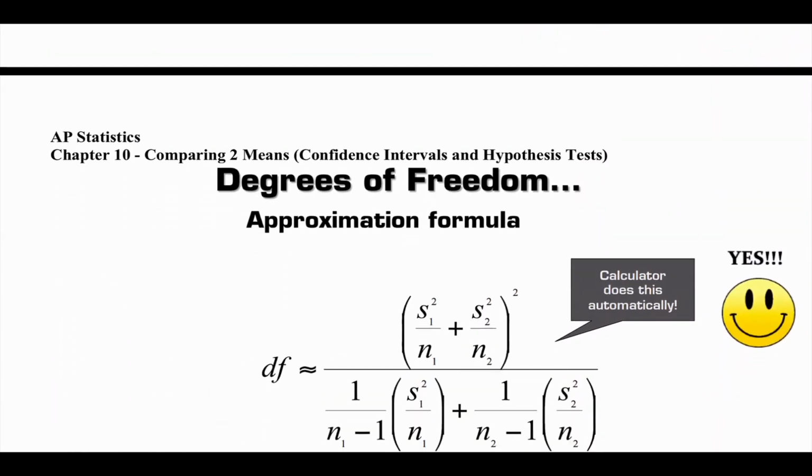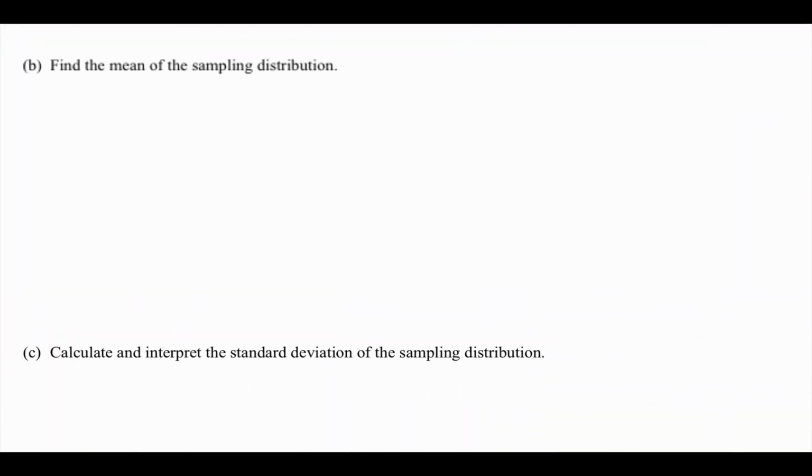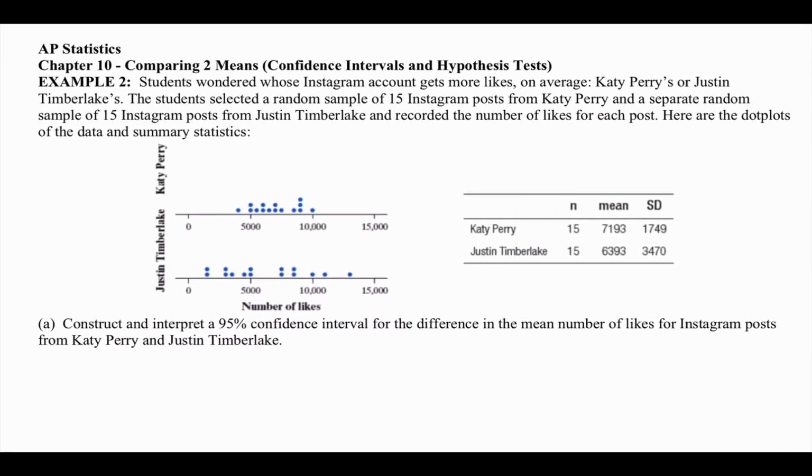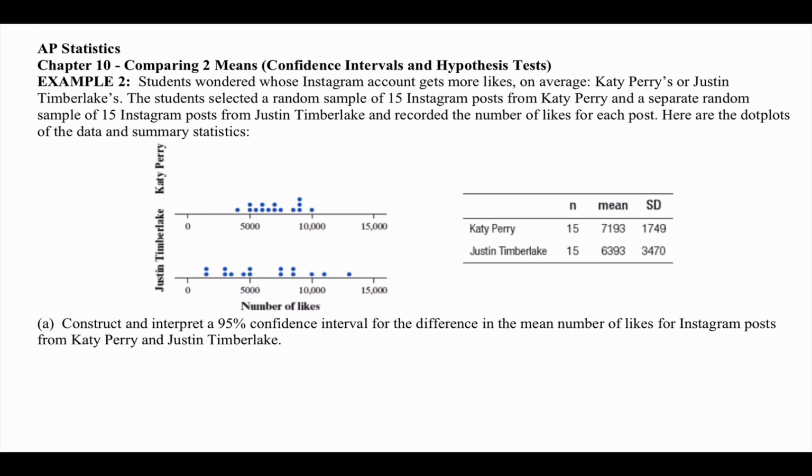All right. Okay, so let's do one. Let's go ahead and skip ahead to, I think, example number 2. Yes, example number 2, Justin Timberlake and Katy Perry. Students wondered whose Instagram account gets more likes on average, Katy Perry's or Justin Timberlake's.